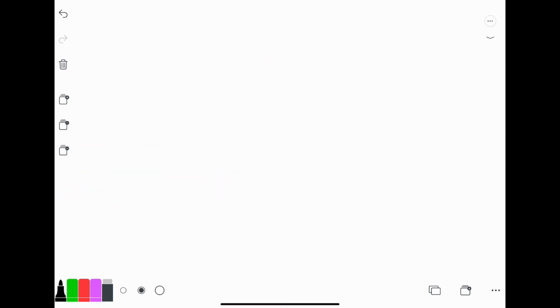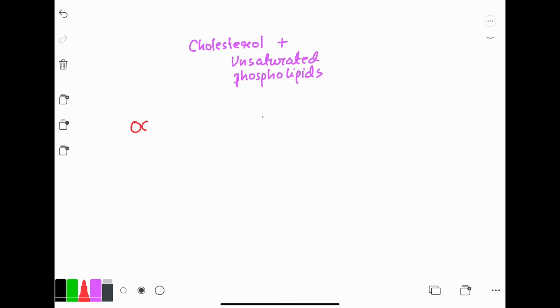Okay. Now coming to the second part where cholesterol is going to interact with unsaturated phospholipids, right? So again I'm gonna draw. As we know, in unsaturated phospholipids there is a bend present on the hydrocarbon side chain because of the double bonds, and this creates a spacing.